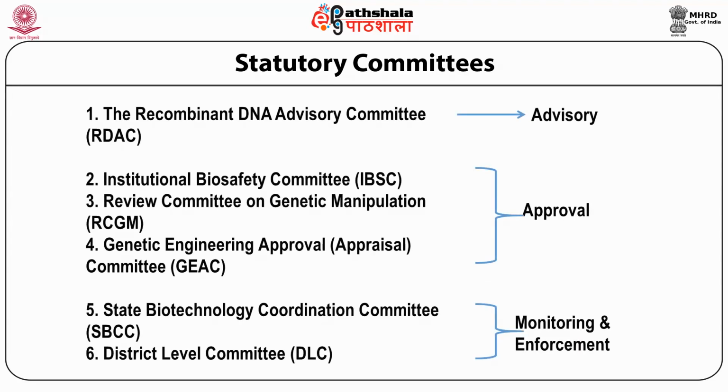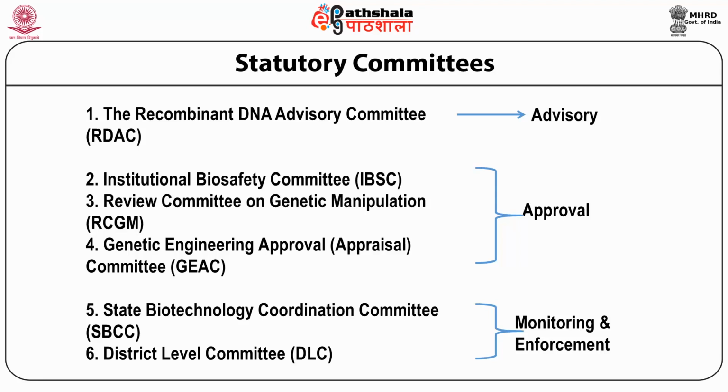Now let us look at the statutory committees which have been mentioned in the Rules 1989. It clearly defines 6 competent authorities and the composition of such authorities for handling various aspects of the rules. The various statutory committees are RDAC, the Recombinant DNA Advisory Committee. It has an advisory role.